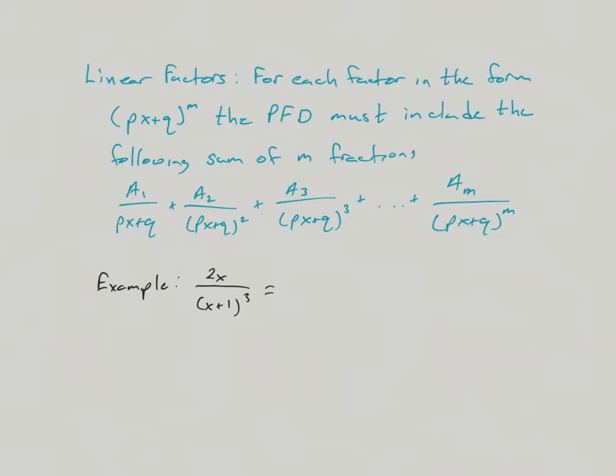For example, with the problem I have here, 2x over x plus 1 to the third, if I was trying to do a partial fraction decomposition on that, I would look at that as A over x plus 1 plus B over x plus 1 squared plus C over x plus 1 to the third.